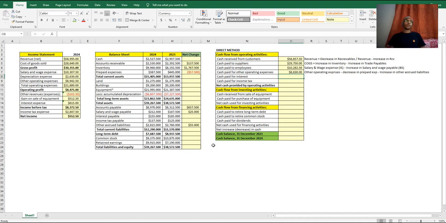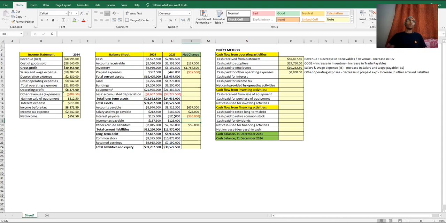Cash paid for interest. This is basically interest expense adjusted for the change in interest payable. So we have to see whether interest payable has increased or decreased. So this is equal to 155 minus 185. Interest payable has decreased.